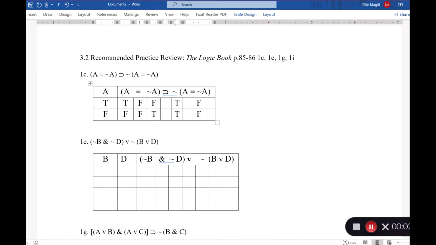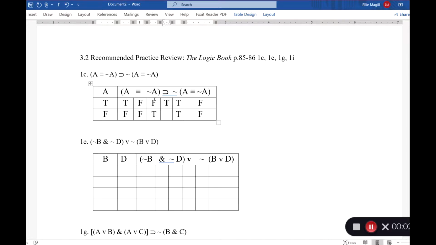So now we can go to that material conditional, that center column, that's our main connective. That's why we have it bolded here. And we can look at the truth values of our antecedent and our consequent and evaluate the whole sentence. So on this first row, we have the antecedent as false and the consequent as true. That means we have a true material conditional. The material conditional is only false if we have a true antecedent and a false consequent.